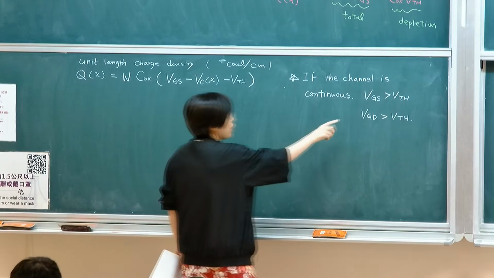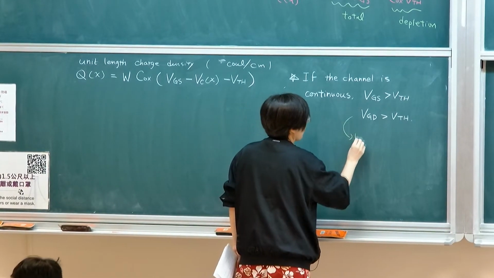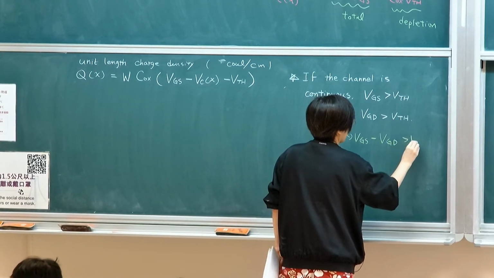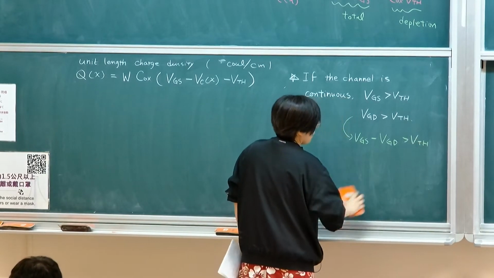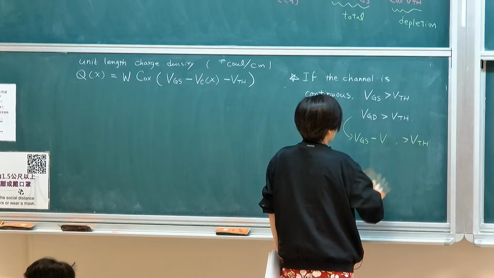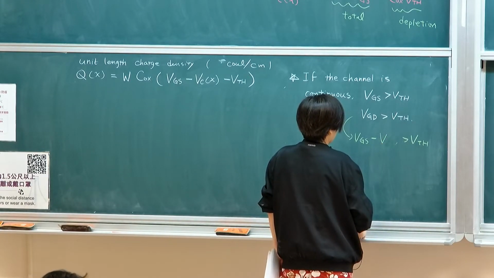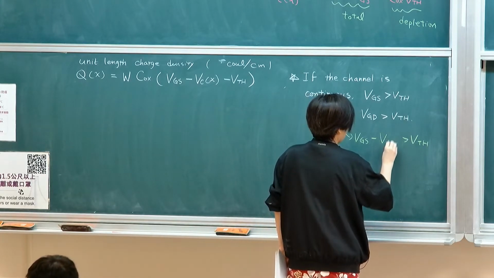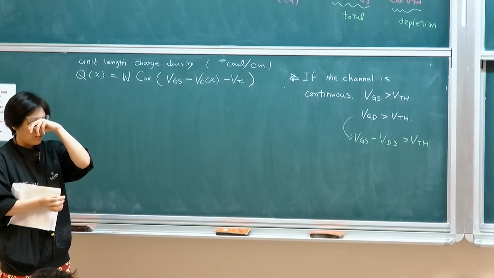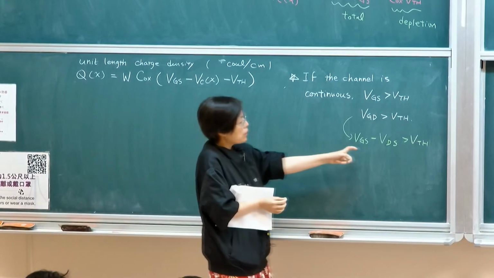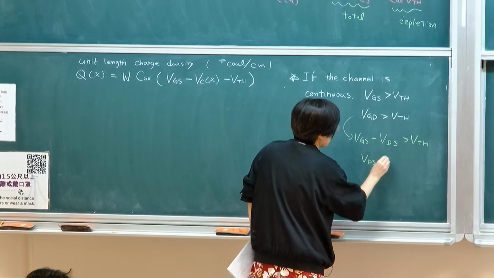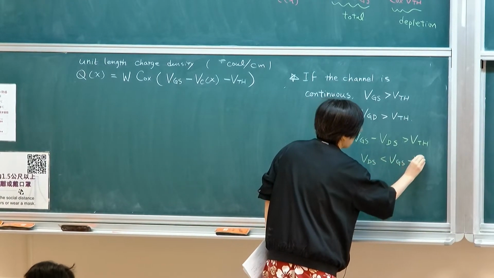This is typically rewritten as VGS minus VGD. Because VGD is not a term we commonly use, you can rewrite it this way. So this can be rewritten as VDS smaller than VGS minus VTH.